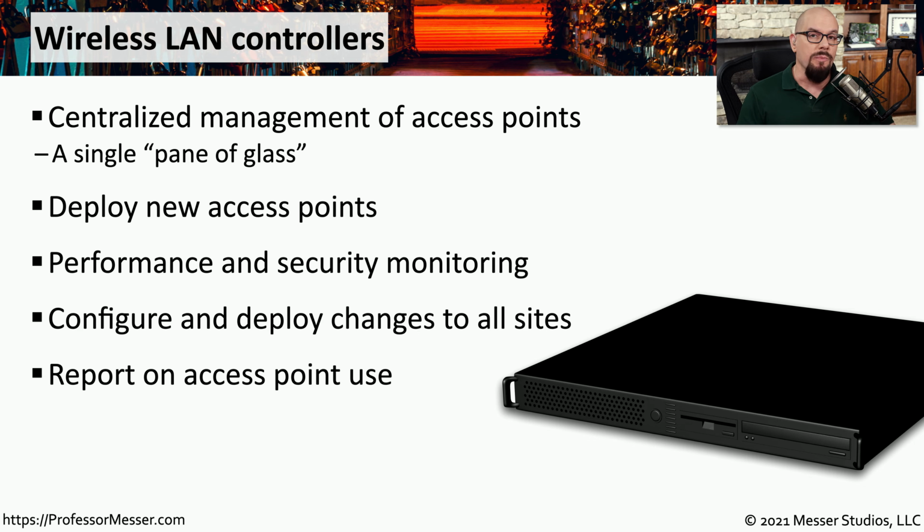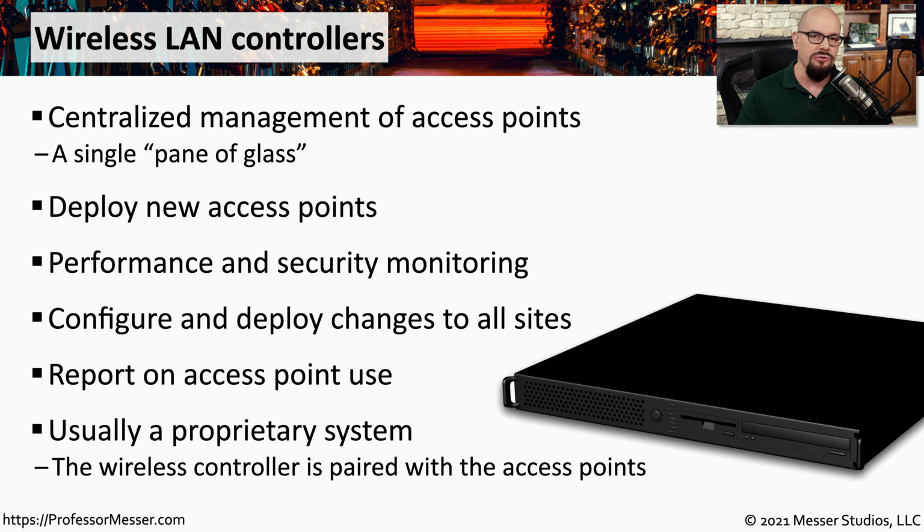You can then create reports on how many access points are in use or how many users may be connected to a particular access point. And these wireless LAN controllers give you complete control of your wireless infrastructure. Usually these controllers are proprietary to the type of access point that you're using. So if you're using one manufacturer's access point, you're probably also using that same manufacturer's wireless LAN controller.